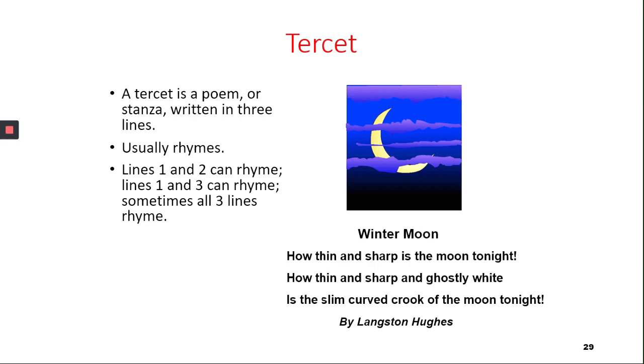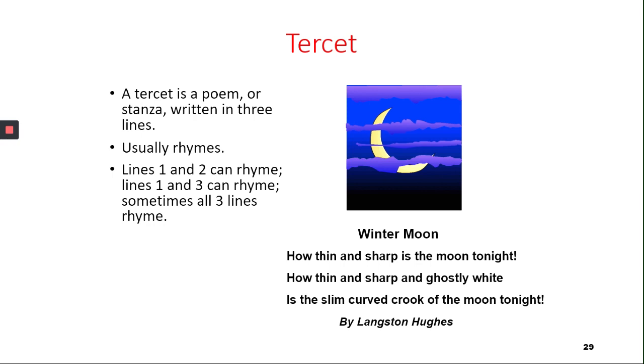Next we have tercet. A tercet is a poem or stanza written in 3 lines. It usually rhymes again, and lines 1 and 2 rhyme. Lines 1 and 3 can rhyme. Sometimes all 3 rhyme, as long as it has rhyme. Example, the poem is Winter Moon by Langston Hughes.